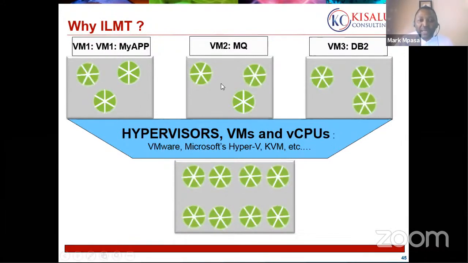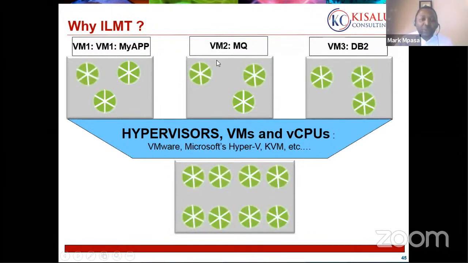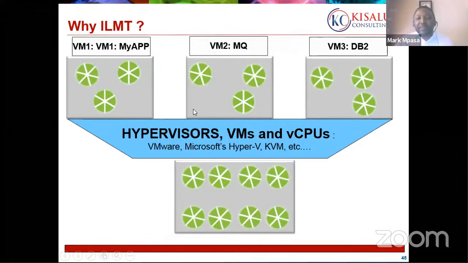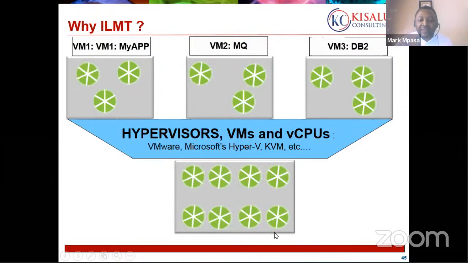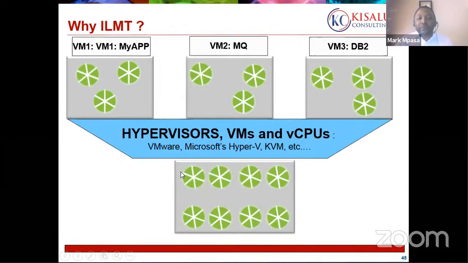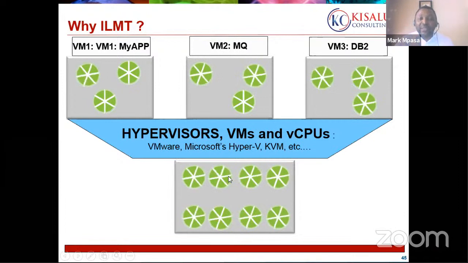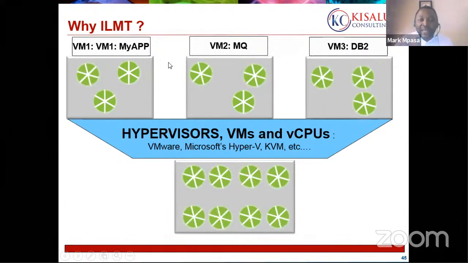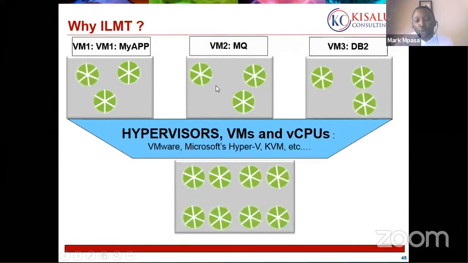Imagine you have 1 LPAR running on 1 machine and the LPAR has 64 cores. The machine, sorry, the server has 64 cores and you are only using 1 LPAR with 1 core.